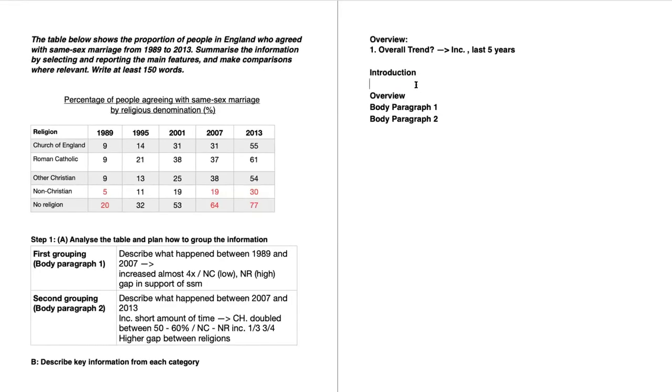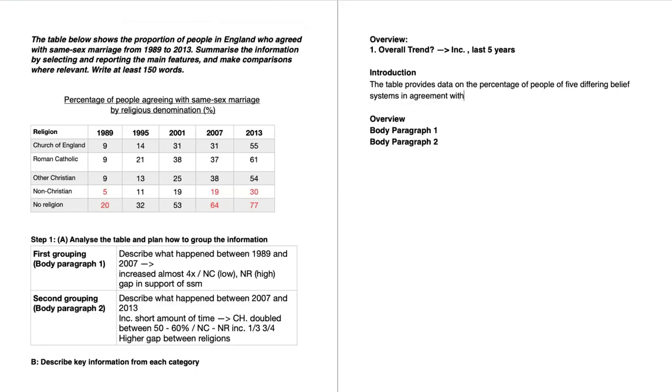All right, so let's get started with our introduction, which remember is just going to paraphrase what we have here in our prompt. So I'm going to say the table provides data on the percentage of people of 5 differing belief systems in agreement with same-sex marriage in England over 5 time intervals.